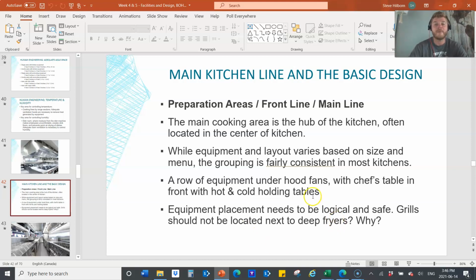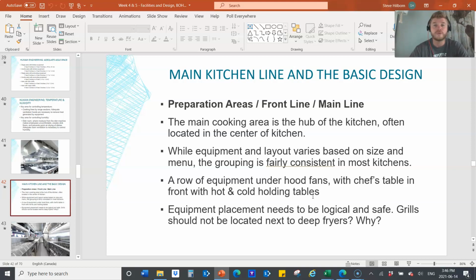Usually it's a row of equipment under hood fans on one side with a chef's table in front, with either hot and cold holding tables. So you can have cold holding tables and hot holding tables, and this is to ensure that your béarnaise and your gravies and your sauces and your steamed vegetables all stay hot for a significant amount of time, so you can keep serving them.